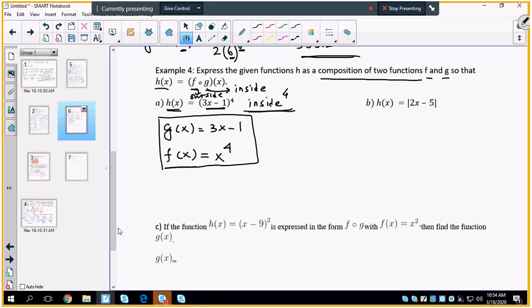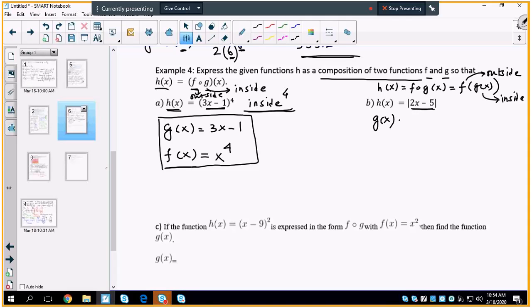Again, h of x is f compose g of x. That's given in the problem, which I can write as f of g of x, and think about inside, outside. This is the inside, f is the outside. So now it is twofold. Identify the inside, which is the easier one.